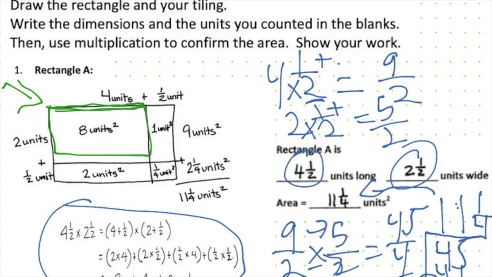The length here that I'm going over with my green line is 4 units times 2 units. 4 times 2 is 8 units squared. 4 units times 1/2 unit gives us 2 units squared. 1/2 unit times 2 units gives us 1 unit squared.